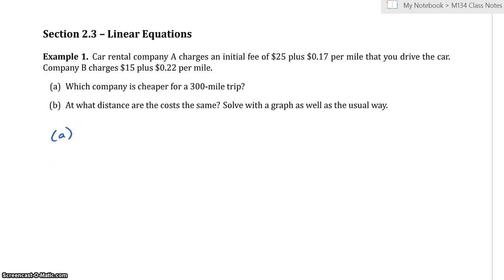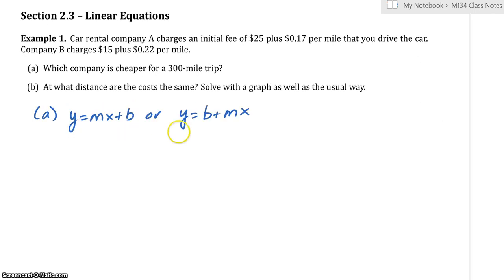So what I'm going to do is find a formula for each of these, and I'm going to use y equals mx plus b, or maybe even easier, y equals b plus mx, because they like to put the b first in the book, and this is why they do.